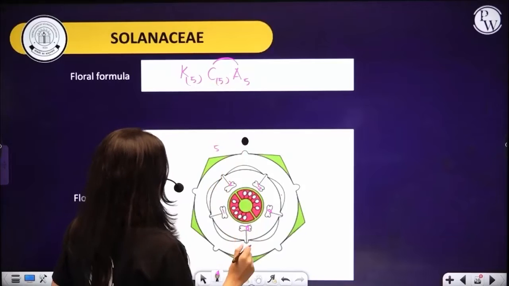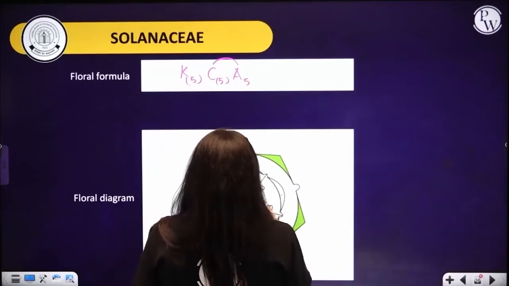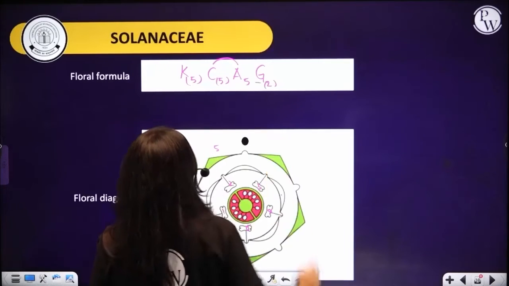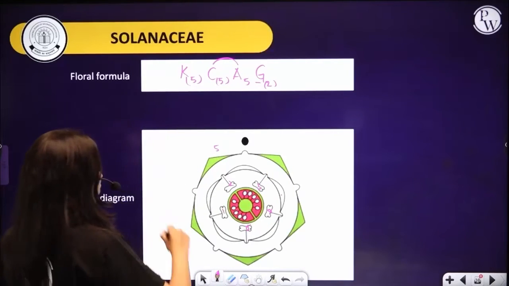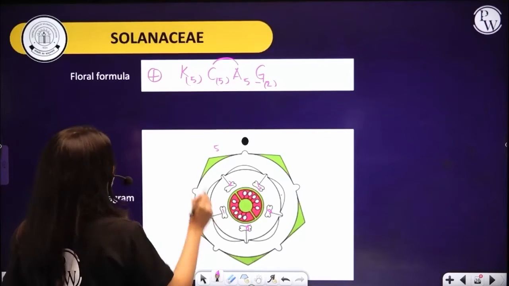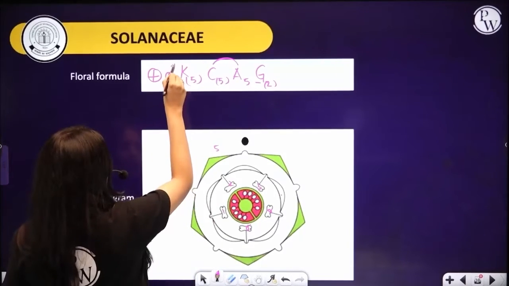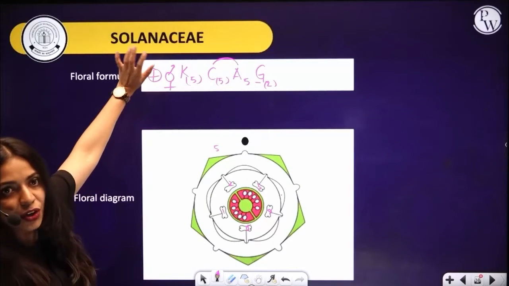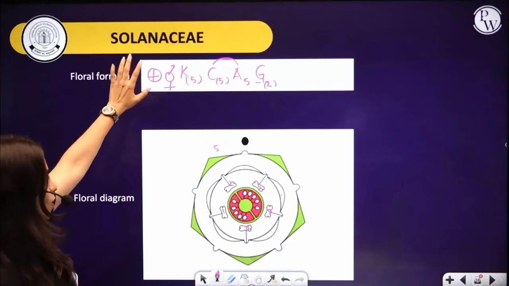So that line. Gynoecium, 2 carpels that are fused, superior ovary. So that is about the gynoecium. This is actinomorphic. This is the symbol. It is bisexual. So this is the symbol. So this is going to be the floral formula for the family Solanaceae.